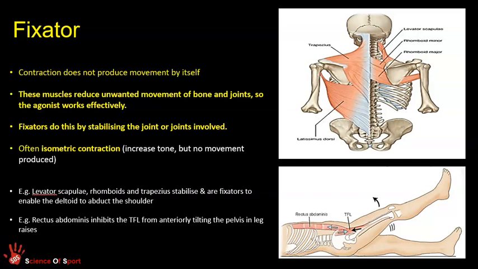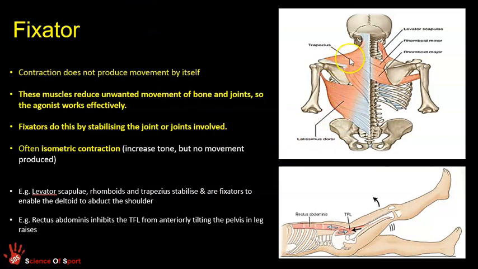This is the fourth and final role that muscles might play, the role of a fixator. So basically fixators stabilize other muscles or joints to reduce any unwanted movement. If you're doing, let's say, a side raise, so you had dumbbells in your hands down here, you want the shoulder to remain sort of level and low, and you just want to move the arm.